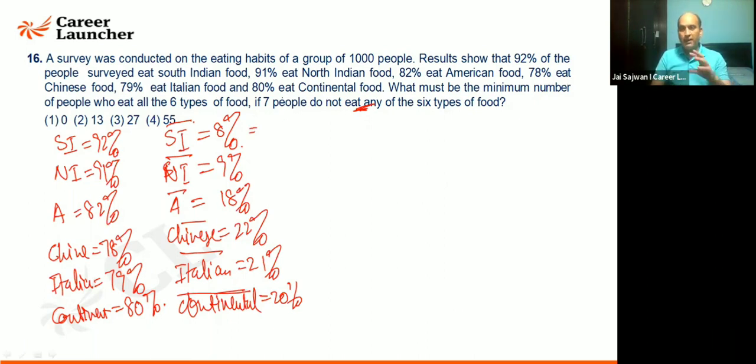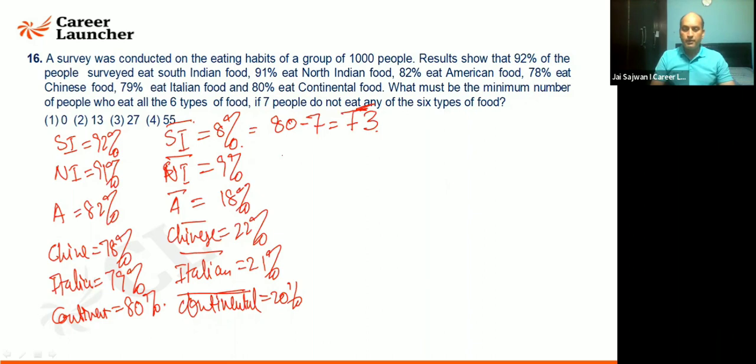I know 7 people are there who are not liking any of these foods. So can I say, excluding those who don't like any of the food, I don't like South Indian, but I may be liking North Indian, American, or any of those foods. So I'll say 8% is 80 minus 7, because 7 are the people who are not liking any of those foods. They don't like only South Indian. They may be liking other foods. So it is 73.